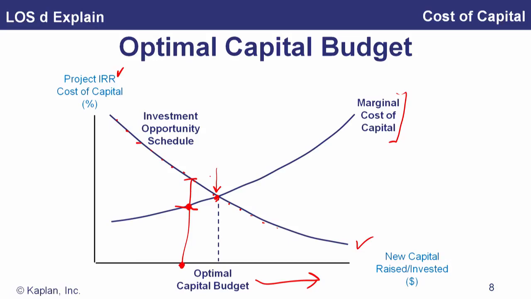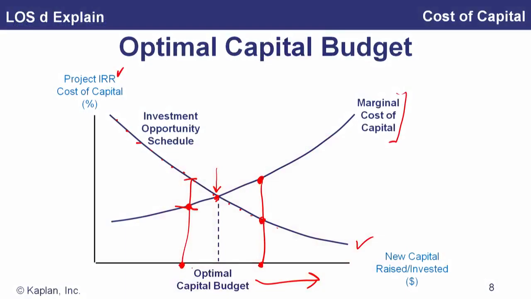The cost of capital and the internal rate of return are just equal. Now, beyond that, if our capital budget, considering projects out here, well, now our cost of capital is greater than our internal rate of return. So those would be decreasing the value of the firm. They'd be negative net present value projects.